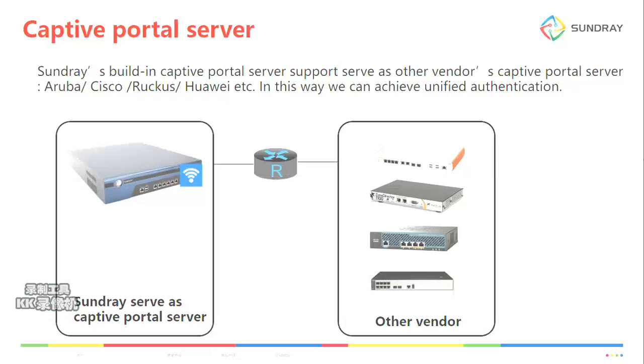But if they choose, for example, Ruckus, they have two separate networks. If they want to change the password, they have to log into the two separate controllers to change the settings. But if they choose Sundray, it can serve as a unified captive portal server, so we can manage all the networks in a unified way. In this way, we achieve unified management for the total network.